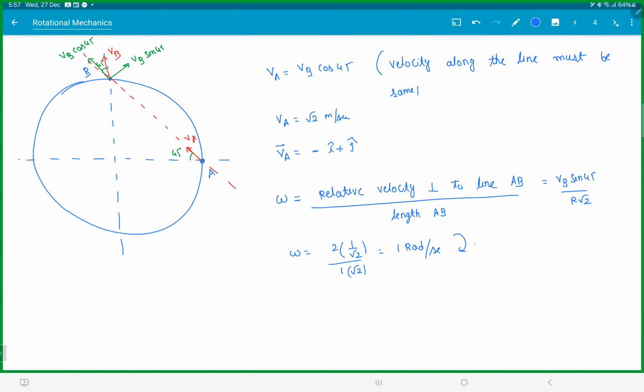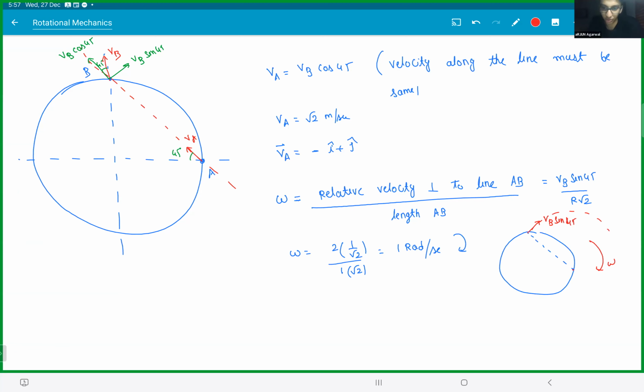Which way? Clockwise. How did you know that? You can clearly see this is the component of VB sine 45, meaning it's going to rotate this way. So that means the disk is rotating this way with omega. Again, I didn't teach you anything new.